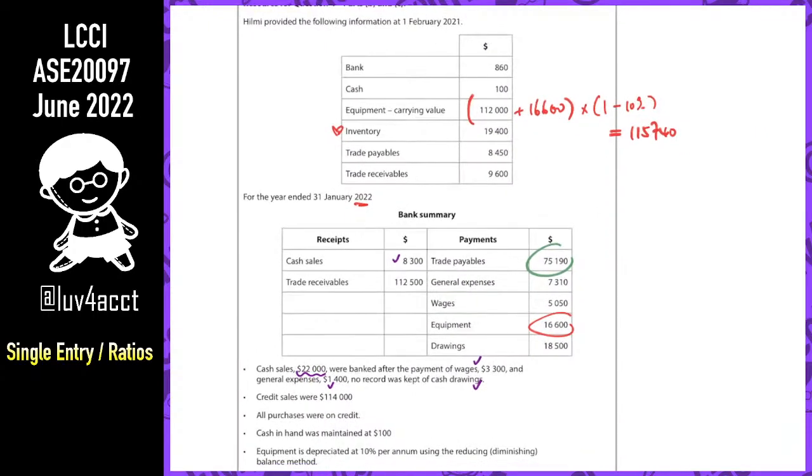Bank balance first. At the start of the year we have 860. We are not told that it is a negative balance, so I will assume that it is positive. The balance is here, although it is not shown, but we know it is here. Then we have receipts, and all those payments.